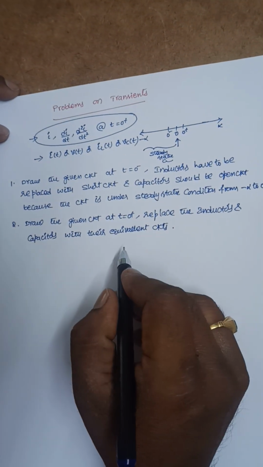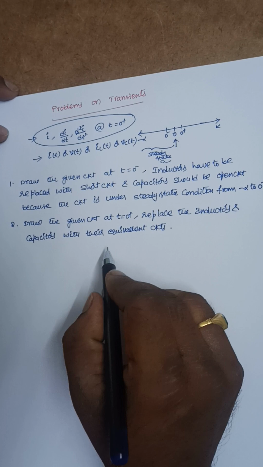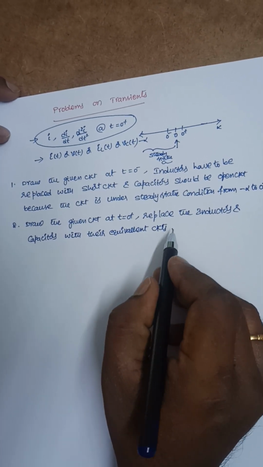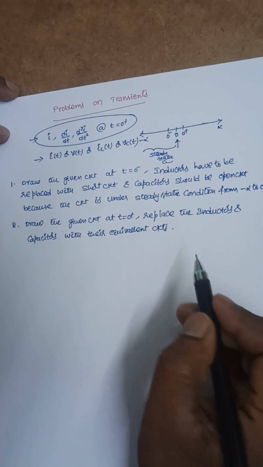I already explained these inductor and capacitor equivalent circuits at t is equal to 0 plus in the previous video.